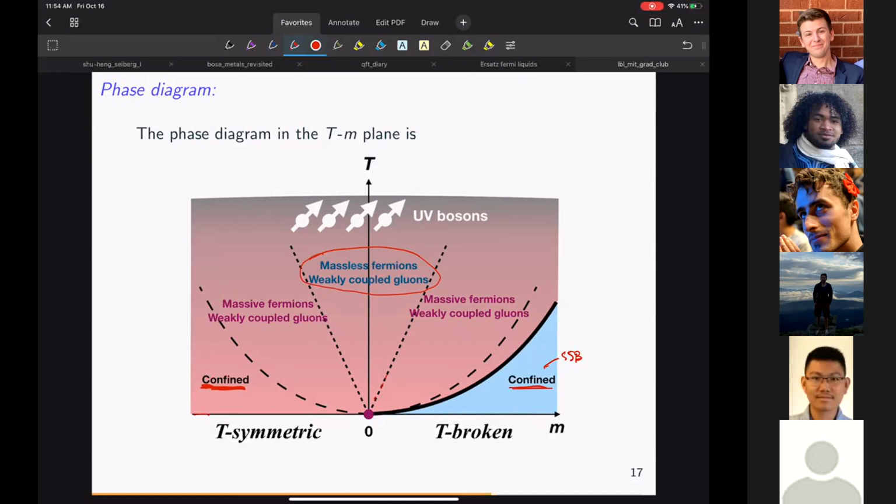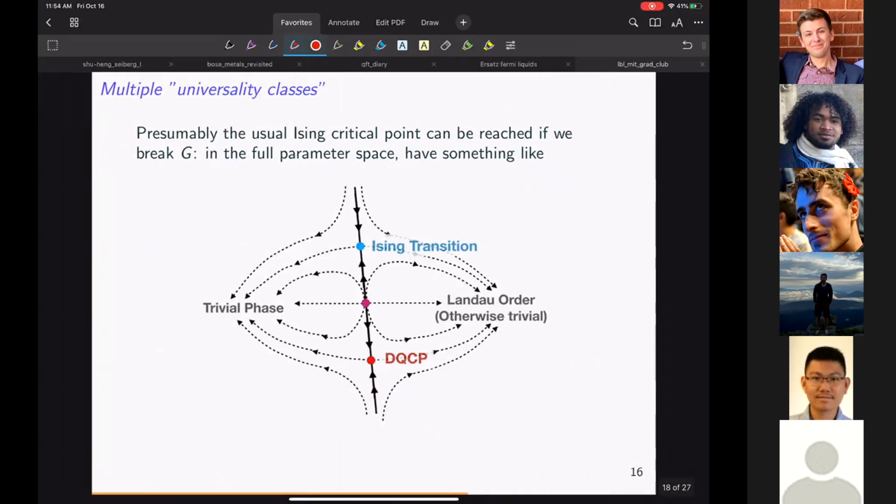So this is the picture, and then just a last comment is how this fits into a broader framework, right? We're studying a phase transition between this Landau ordered phase where time reversal, i.e. Z2, gets spontaneously broken, and the trivial phase.